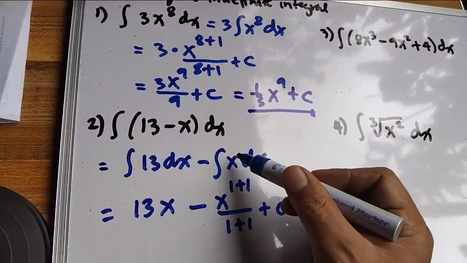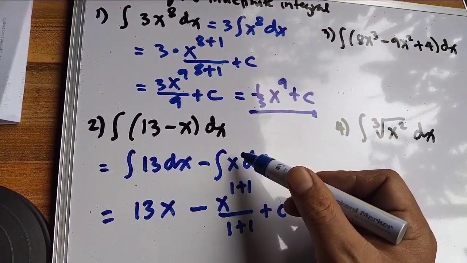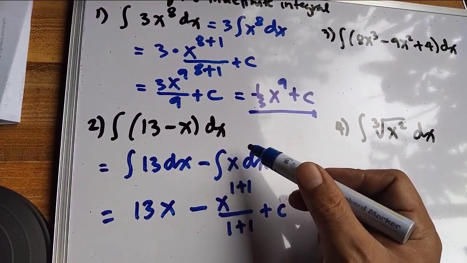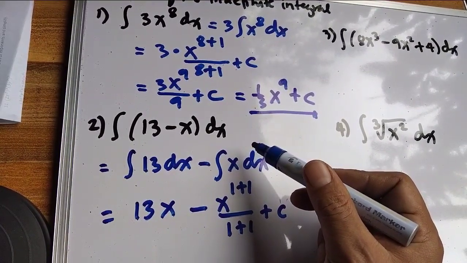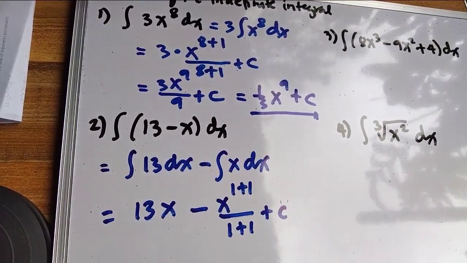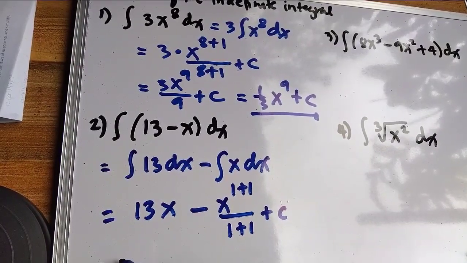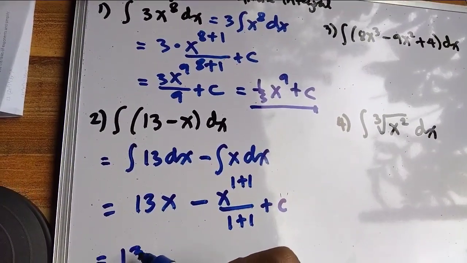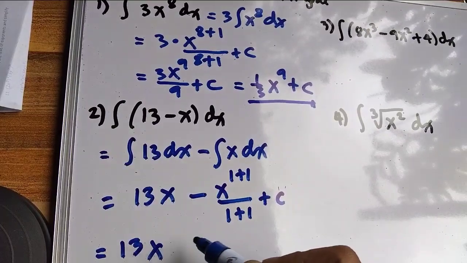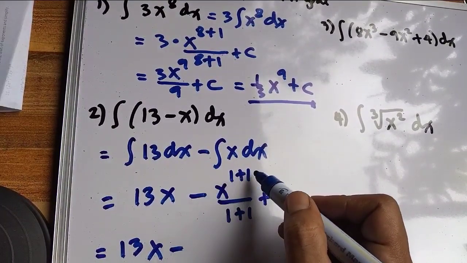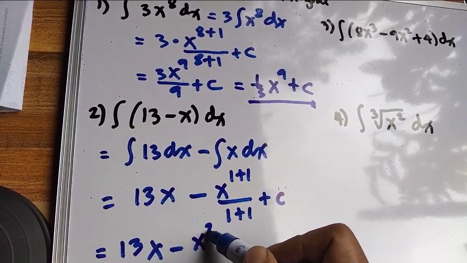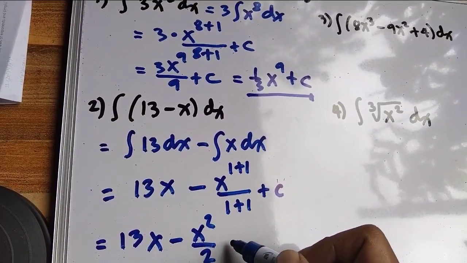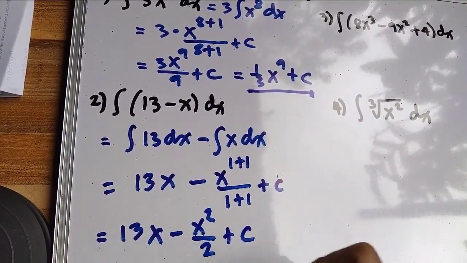Any variable without a written exponent has an exponent of 1, as in our previous math. So continuing our answer, you have 13x minus, what is 1 plus 1 here? 2. So minus x squared over 2 plus c. That's it.